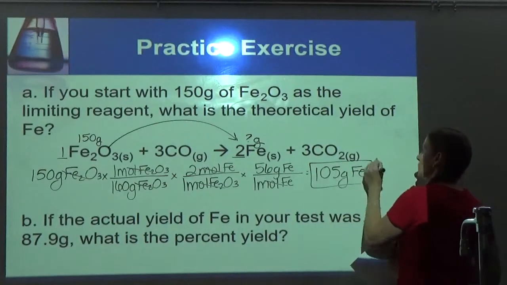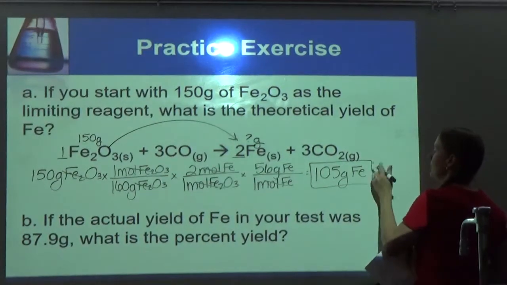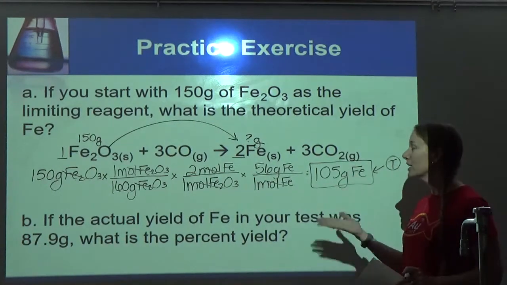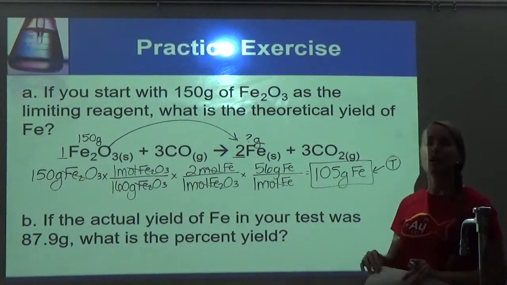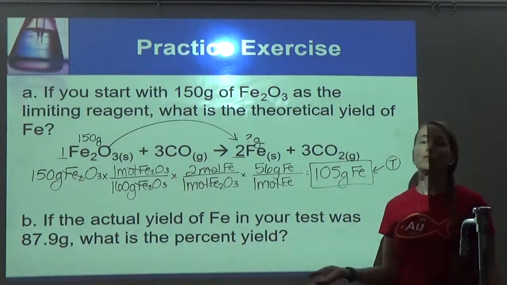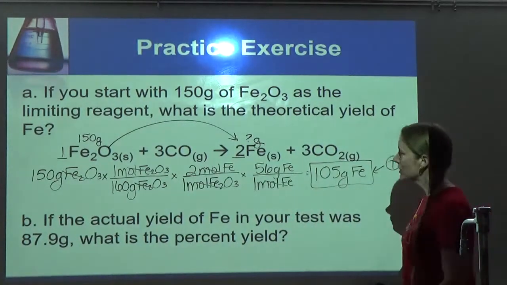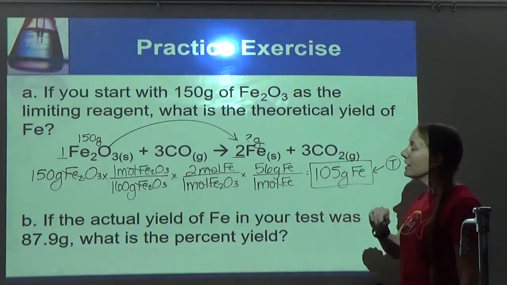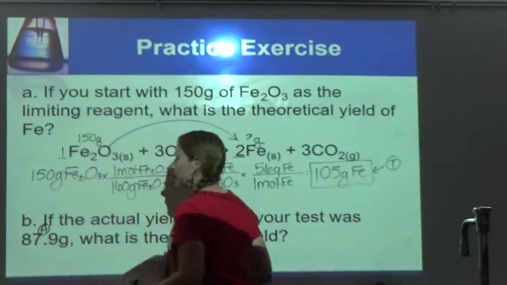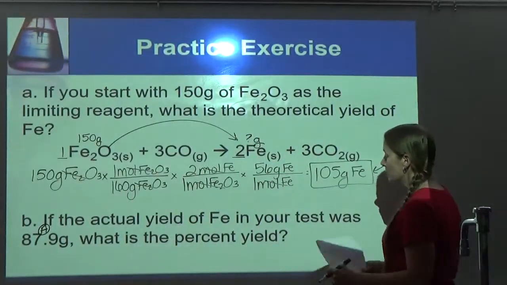So remember, this right here, we did not do this in the lab, we calculated it, so this is our theoretical. In theory, we should make 105 grams. The thing that happens is in the lab, a lot of times you don't get 100% of what you try, just because of various factors. Okay, so it says if the actual yield in your test was 87.9 grams, so there's my actual, what is the percent yield?